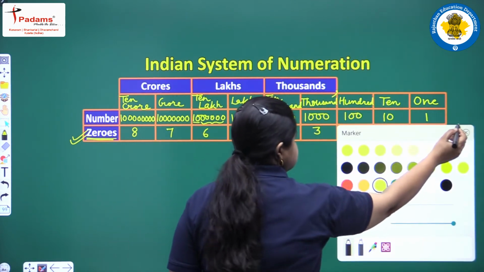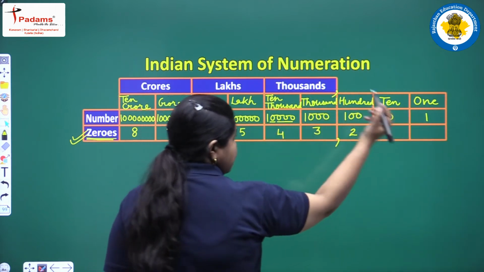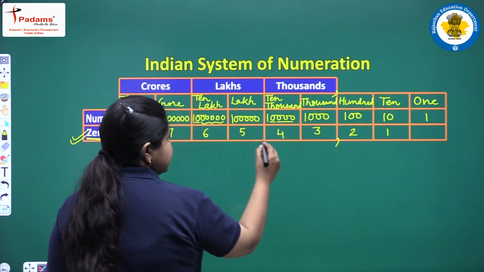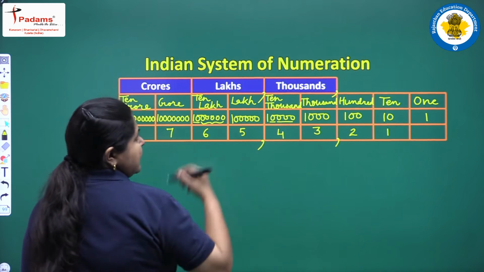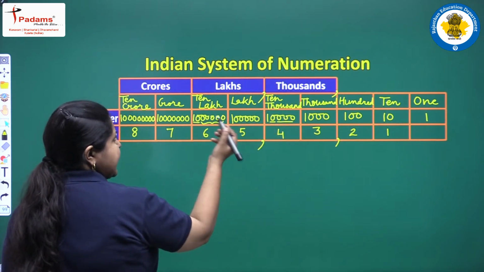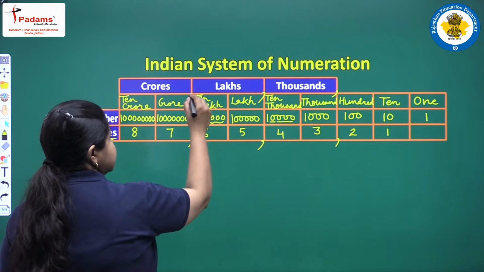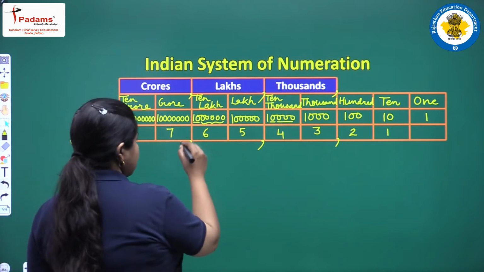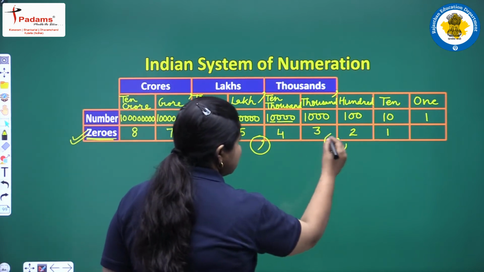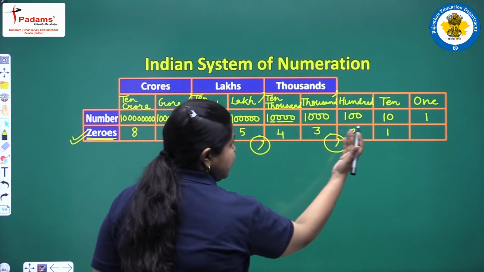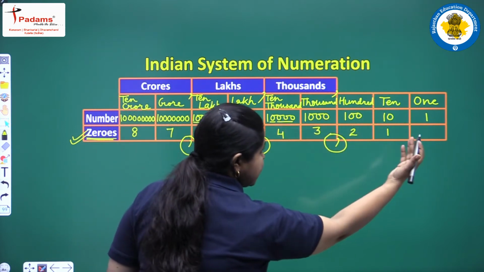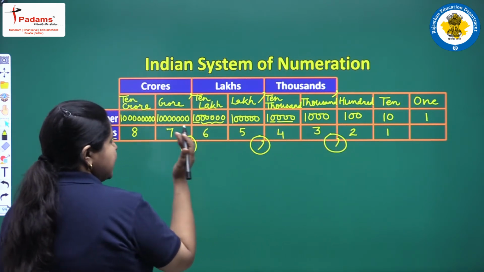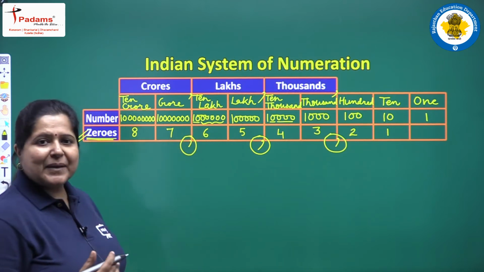Here, ones, tens, hundreds, then the first comma, then 1000, 10,000, then the second comma before the 10,000... then lakh, 10 lakh, then the third comma just before the 10 lakh place value. So there will be 3 commas in all. The first one is just before the 100 place value starting from the right hand corner, the second just before the thousands place value, and the third just before the 10 lakh place value.